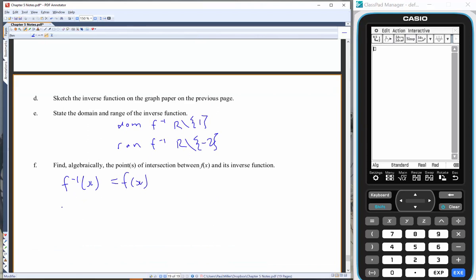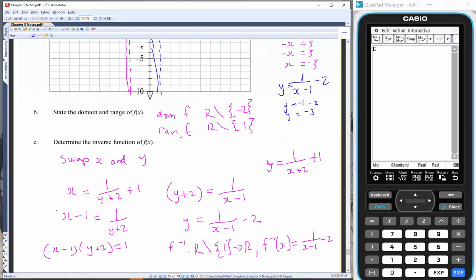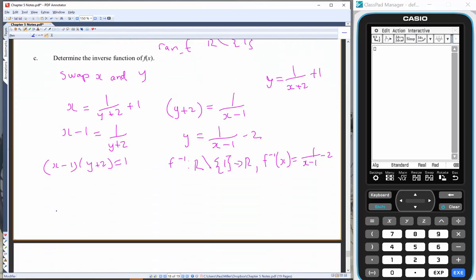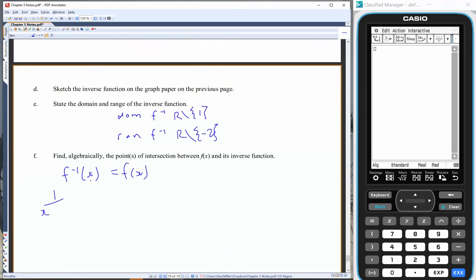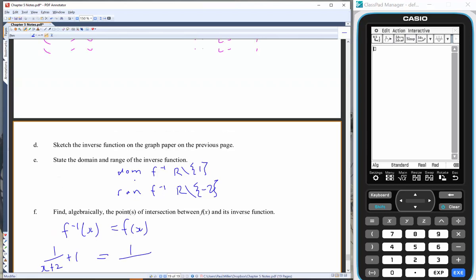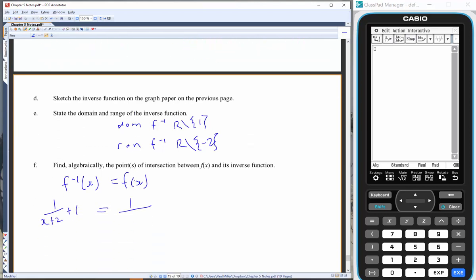The original function was 1 over x plus 2 plus 1, and you'll let that equal the inverse, which was 1 over x take 1 take 2. Which is okay, but that's going to be a really hard one to process and try to solve for x. And I'll show you an easier way.